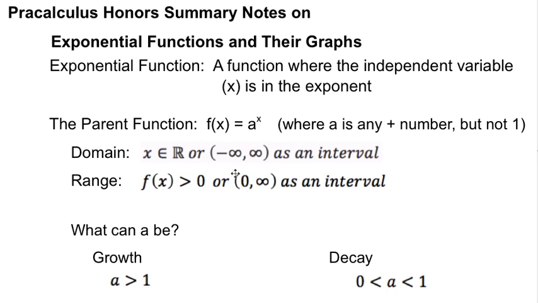Now, for a, if you recall, for our geometric sequences, we said that the sequence would keep getting larger and larger and larger as long as a was greater than 1. And that's why we were not able to find the sum of the infinite geometric sequence.